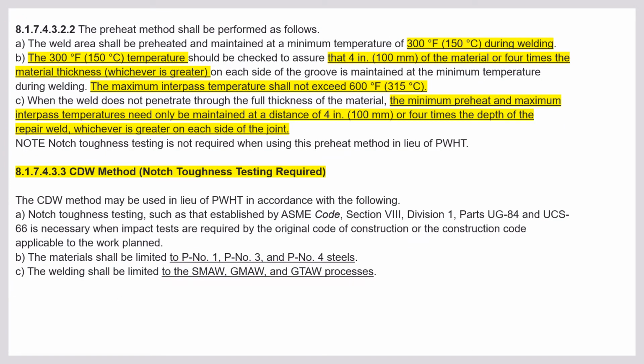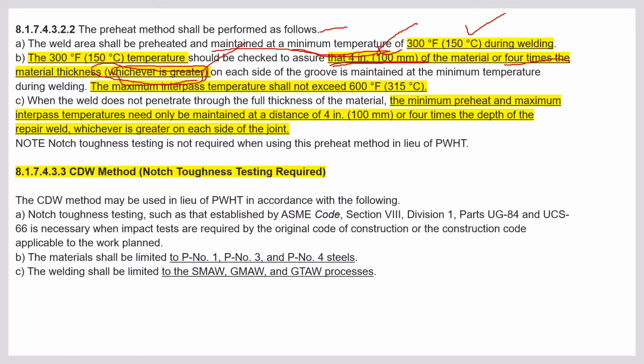The preheating method shall be performed as follows, okay. How do we have to do the preheating method in lieu of PWHT? Preheating temperature is maintained at a minimum of 150, which we already read, okay. 150 degrees centigrade. The temperature shall be checked for at least 4 inch of the material, and this is another important closed book exam item, or 4 times the material thickness, whichever is greater, whichever is greater.